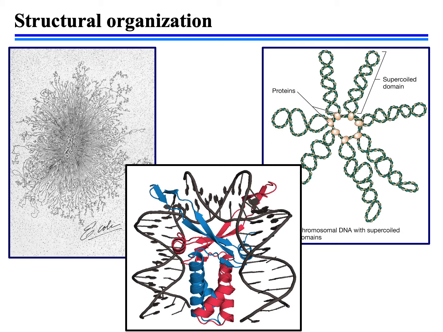Now, there are some additional proteins that are not shown on this particular slide, but I do want to highlight them because they are important in packaging DNA in prokaryotic cells. In addition to HU and topoisomerase, which I just mentioned, there is a protein known as IHF, which is short for integration host factor. This is a protein that binds to specific sequences within the genome and allows for the introduction of additional bends in the structure.